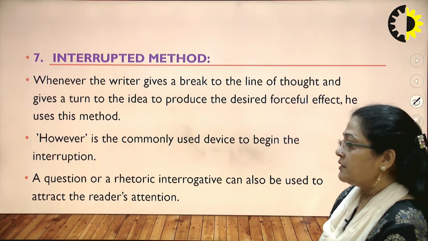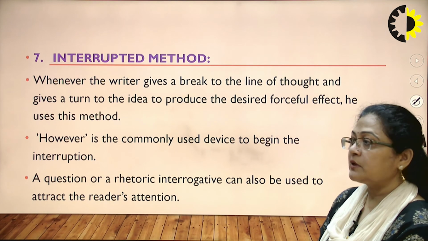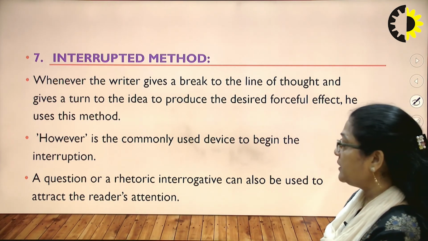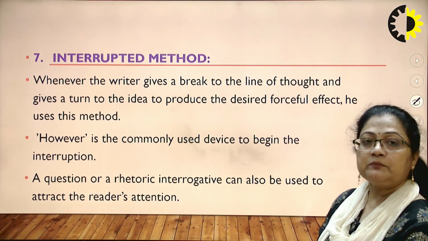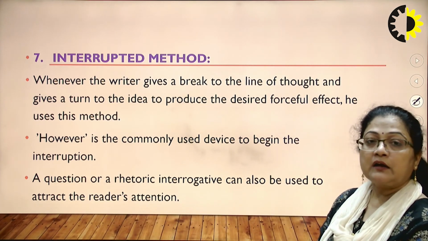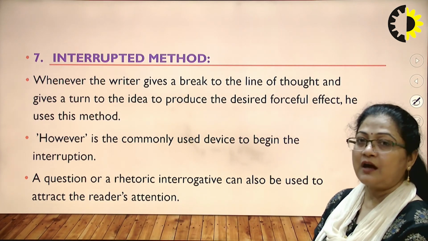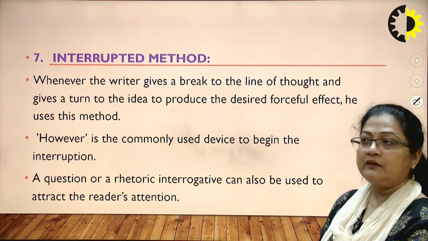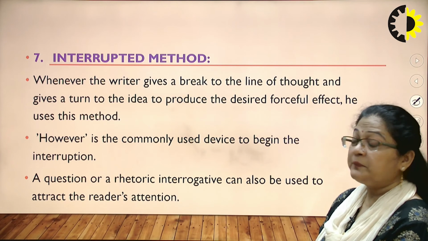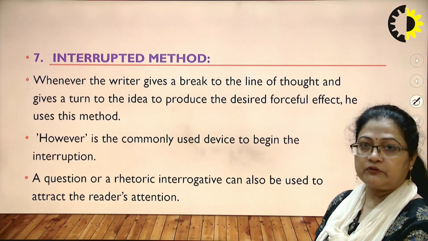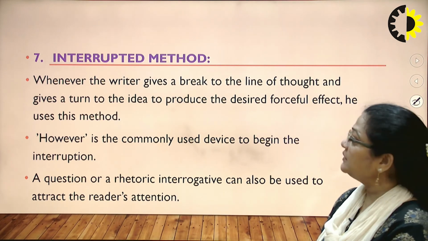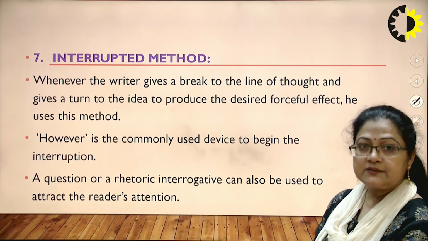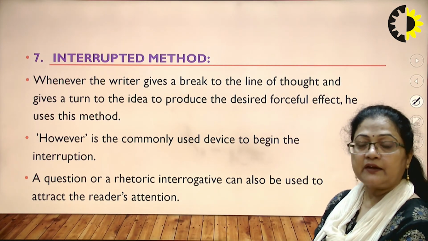Sometimes the writer can ask some question, or make some rhetorical interrogative. Rhetorical means the purpose of asking that question is not to get the answer, but just to shake the fixed, rigid, and complacent line of thought of the reader. So, this interrupted method is used to attract the reader's attention towards a striking revelation.